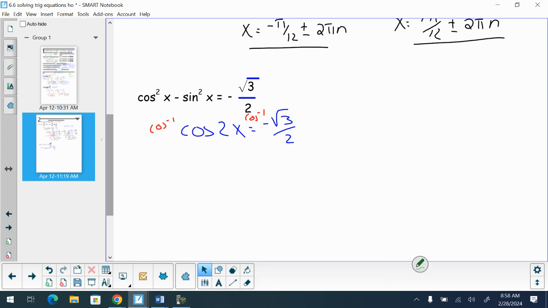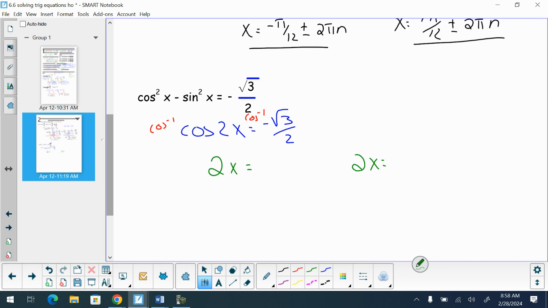But you have to watch yourself because now we have 2x is equal to these two values. Okay, watch your negative sign in there.